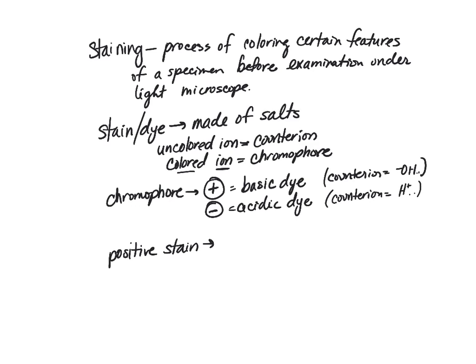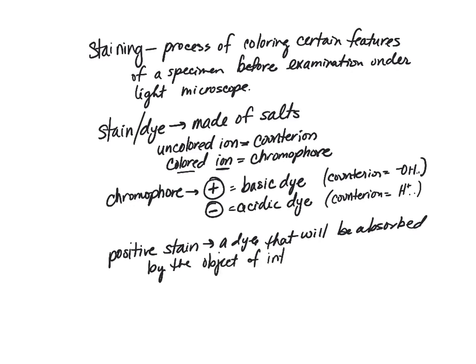What it means is that in a positive stain, the dye is going to be absorbed by the object that we're looking at. So in a positive stain, what we're using is a dye that will be absorbed by the object of interest.